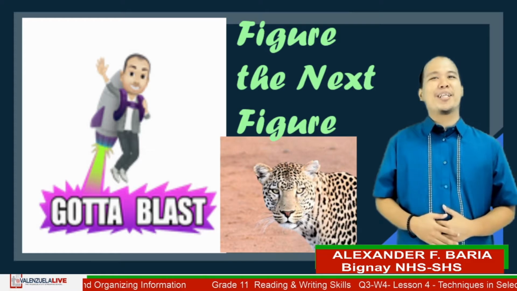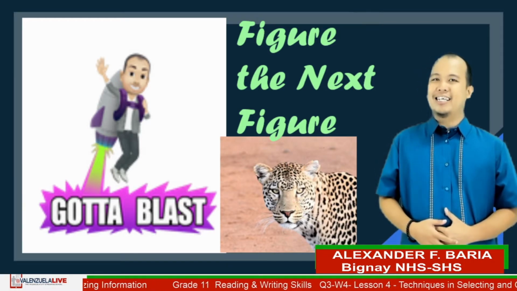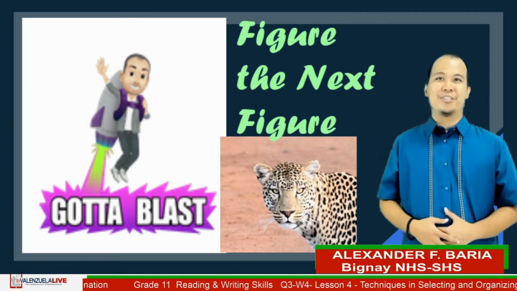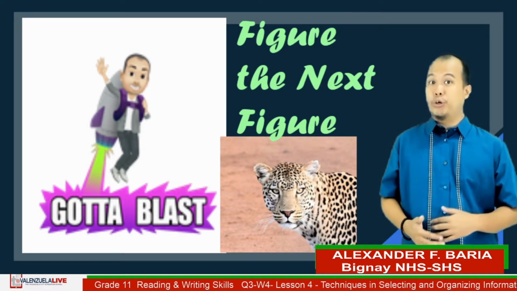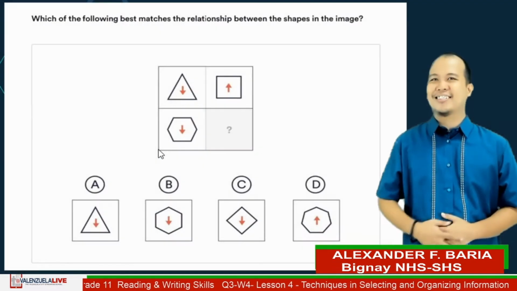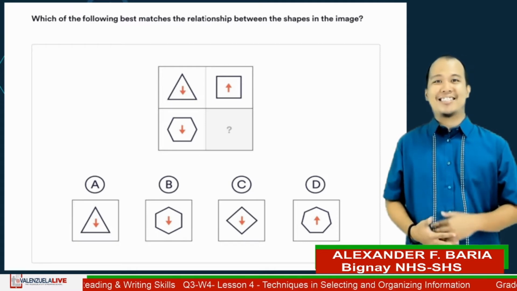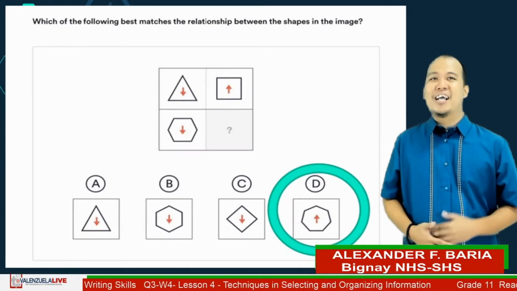As we learn the different texts useful in both reading and writing, let us now get a blast of this IQ test drill. Let us figure out the next figures. Surely you are ready. Let's start. Which set of shapes is next? Okay, correct.